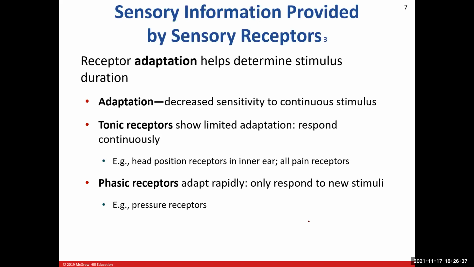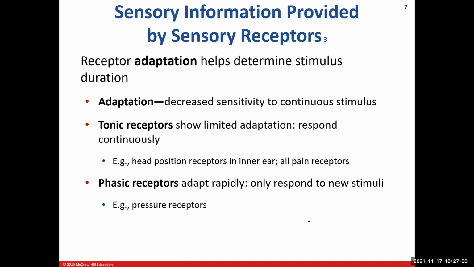So when we break down the receptors, we talk about tonic receptors and phasic receptors. The tonic receptors have limited adaptation, which will be good in some cases. So they're going to respond continuously. A perfect example is pain. You don't want to be able to adapt to pain. You don't want to get numb to pain. That's not a good thing.